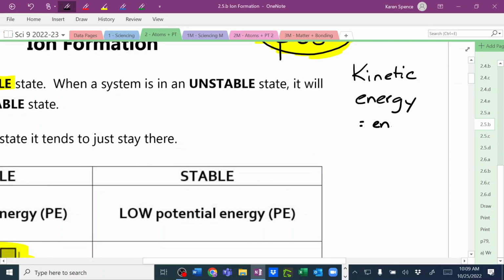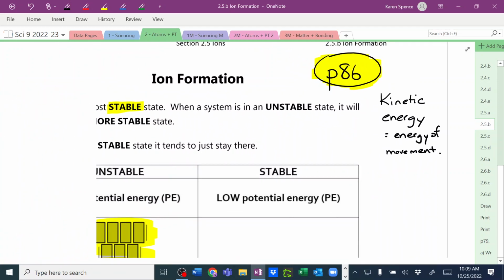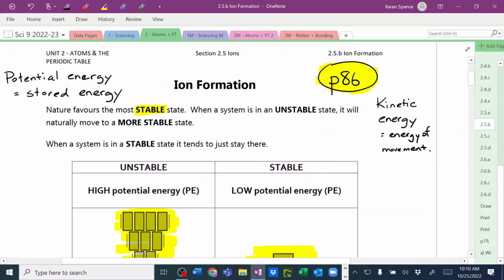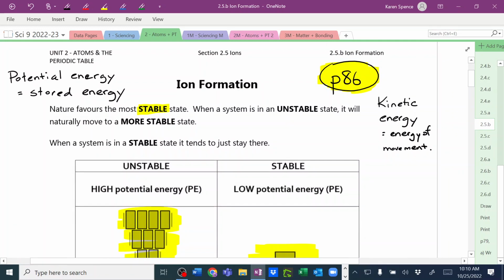It is the energy of movement. Kinetic energy is the energy of movement. But like I said, we're mostly going to be focused on high potential energy and low potential energy states. Nature loves to be at low potential energy.